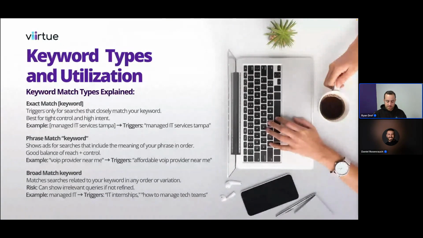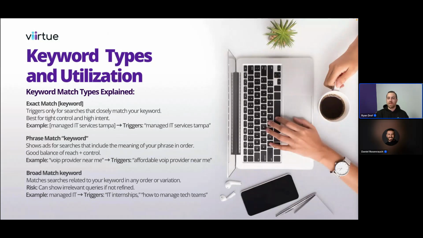So here's some more explanation on the exact types of keywords. And in this industry, I would never recommend using a broad match keyword. Especially, we'll get into some examples of why that's a bad idea later. But these days with AI search and AI snippets and those types of things, it's better to be as precise as you can.